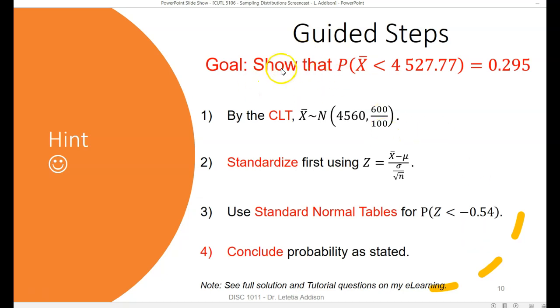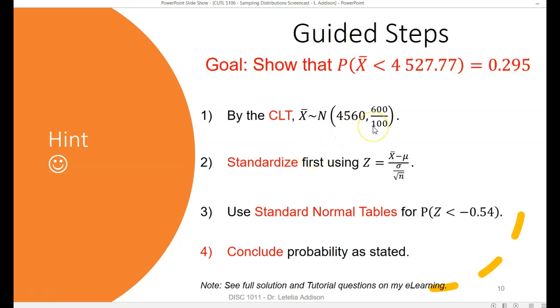We can see here that it's asking us to show that the probability that the sample mean x bar is less than 4,527.77 is equal to 0.295, which in essence is 29.5%. Here are some steps which will allow us to show this value.